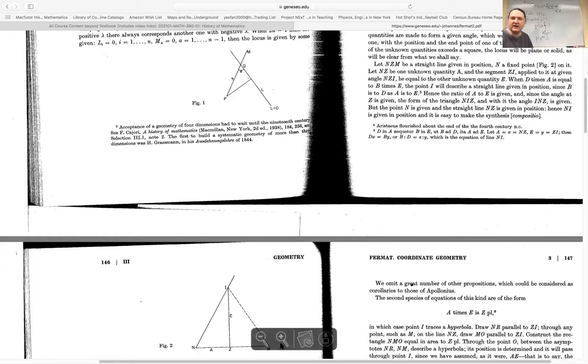NZM, I think you see here, is what you would call the x-axis. It's the horizontal axis. And what he's trying to do is to find the equation of line NI. Notice eventually he will say, hence NI is given in position, and it's easy to make the synthesis. So he is trying to describe the line NI.